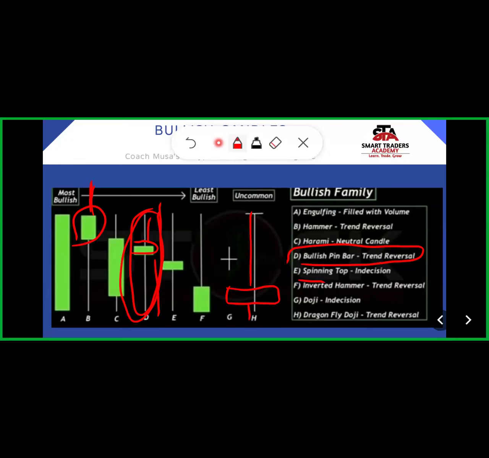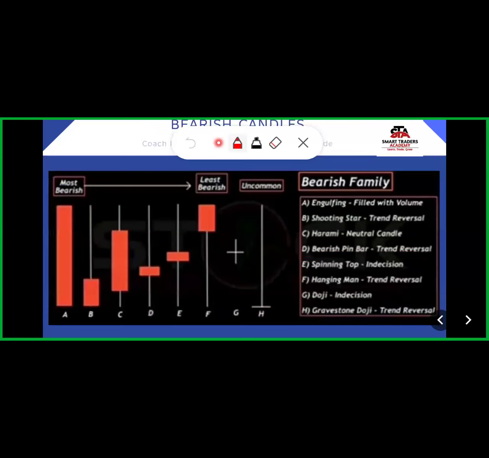If it is a bearish one, this is how it will be. It is still a trend reversal, just like the shooting star. You see the shooting star? The shooting star has no wick on the lower end.